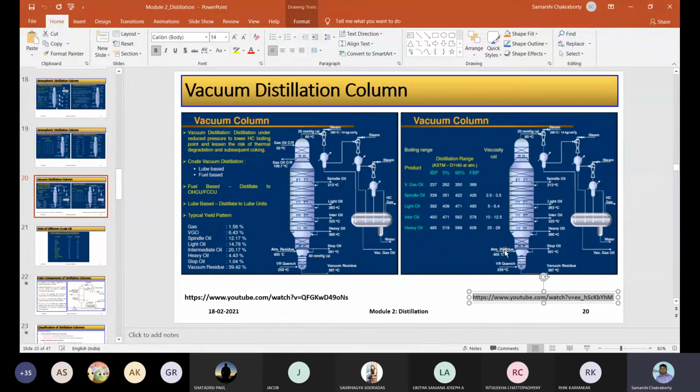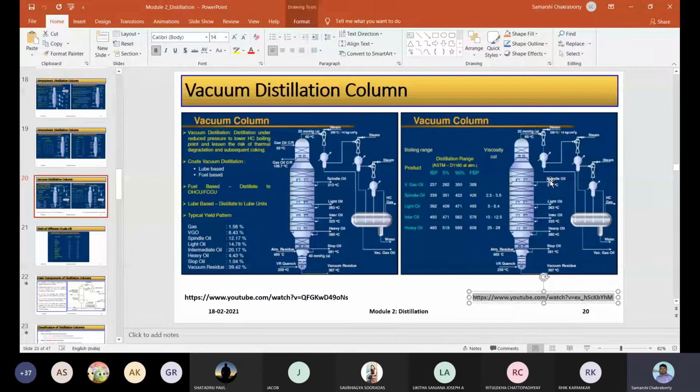And the vacuum distillation feedstock itself is entering the system at 405 degrees centigrade. So you have to understand that all of these boiling points, or such separation, can only be achieved at a lower pressure.